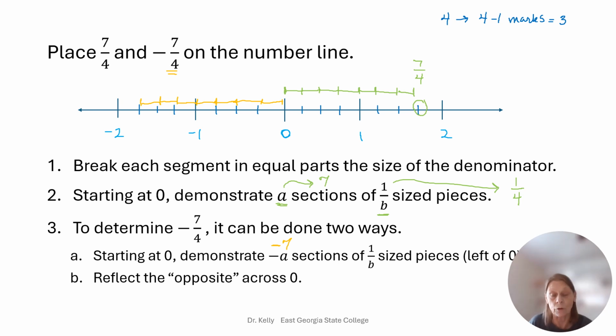But if you're freshly introducing this, or maybe your students are not quite grasping the idea of negative numbers, which right now you might think is insane, just stay open to anyone not understanding anything that you might find obvious. The other option is to reflect across the 0, and you want to lean into the fact that these two numbers are opposites of each other because of the signs.